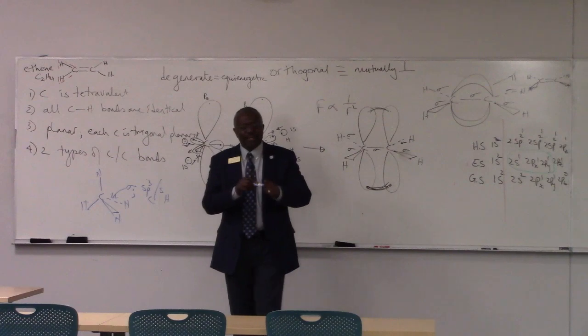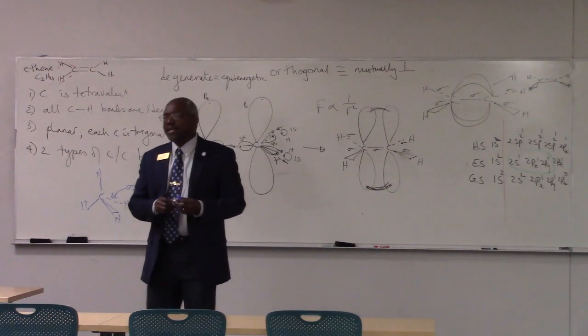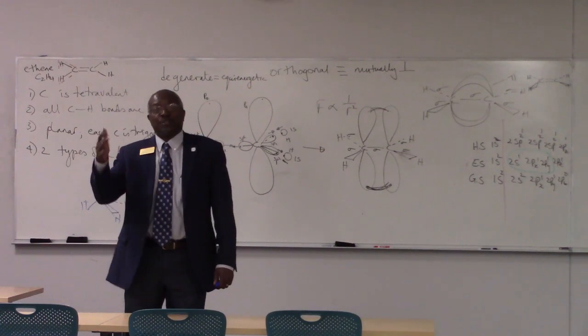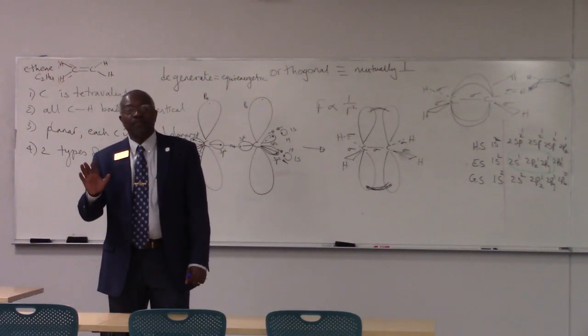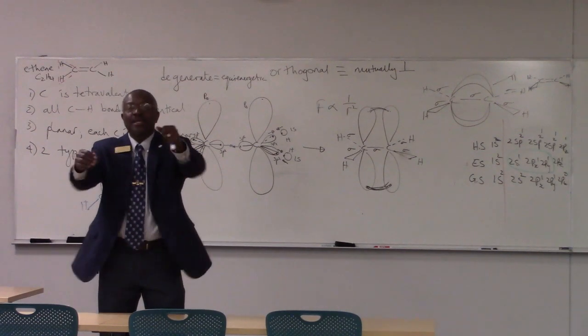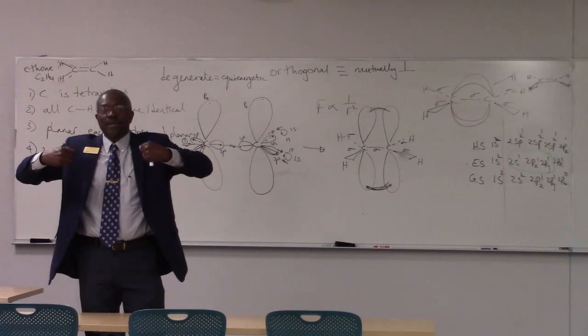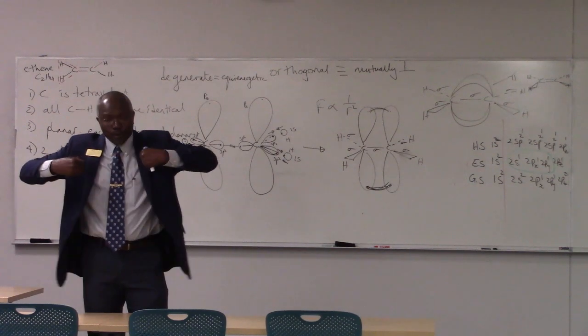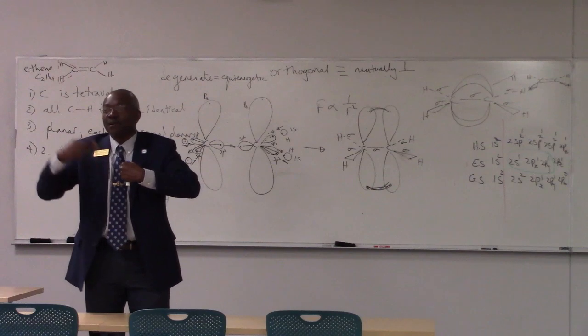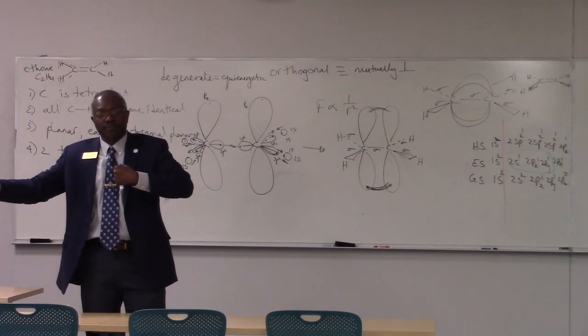So what this is telling me is, sigma doesn't really care who the participants are. sp3, sp2, s, doesn't matter. What sigma cares about is how they interact. Sigma orbitals are formed by end-on or collinear overlap, regardless of the type of orbital.